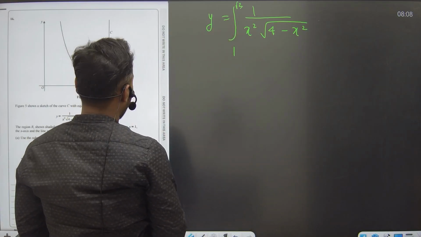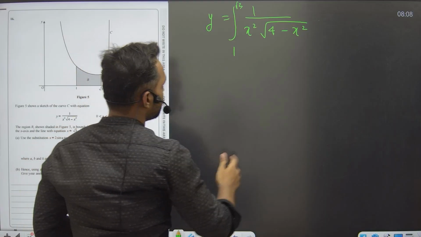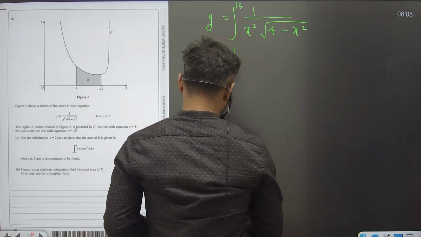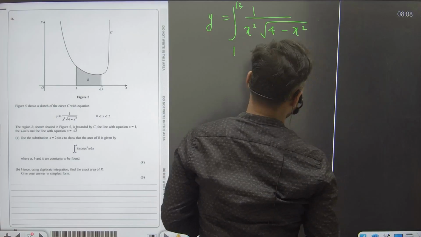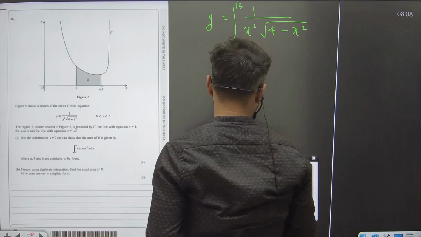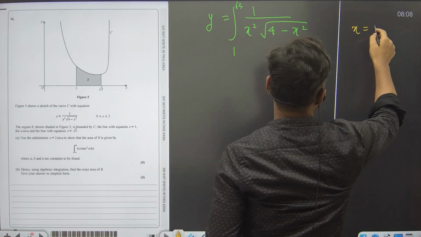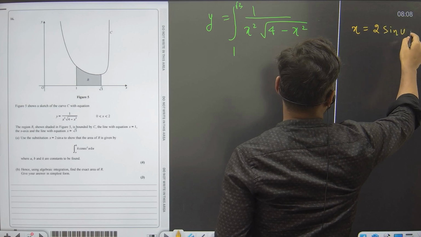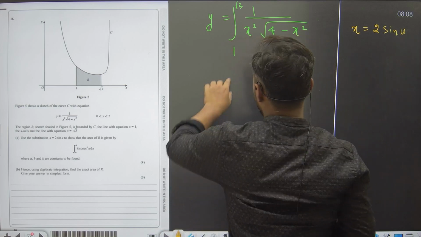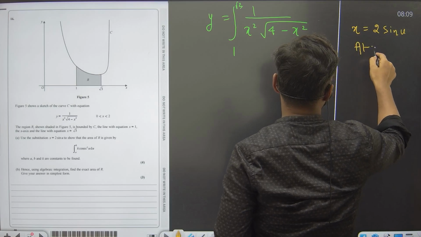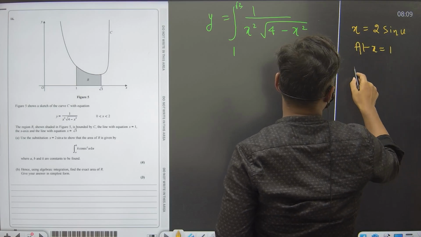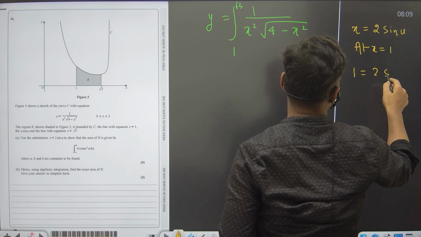So we are plugging in the value x equals to 2 sin u. The lower limit is 1, so at x equals to 1, students, what will we get? 1 equals to 2 sin u.